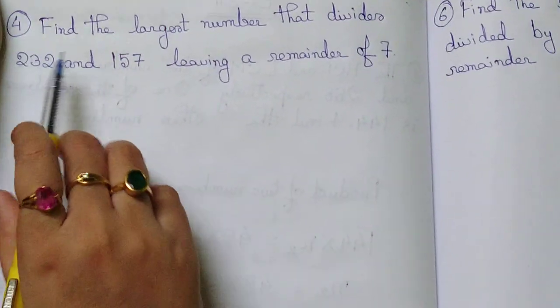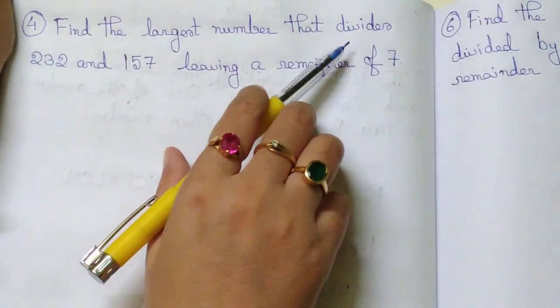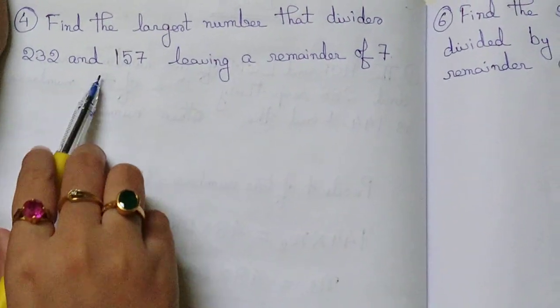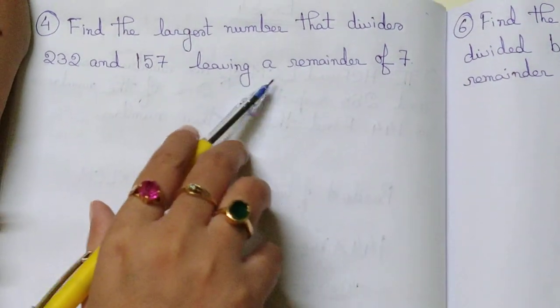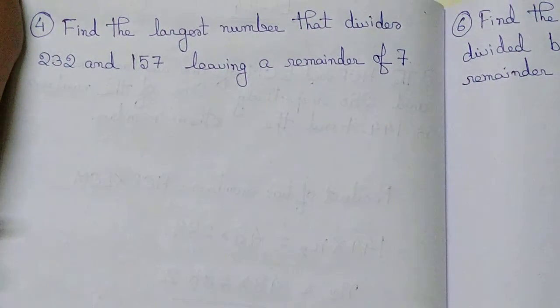Number 4. Find the largest number that divides 232 and 157, leaving a remainder of 7.